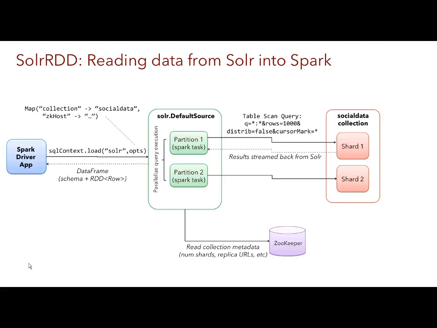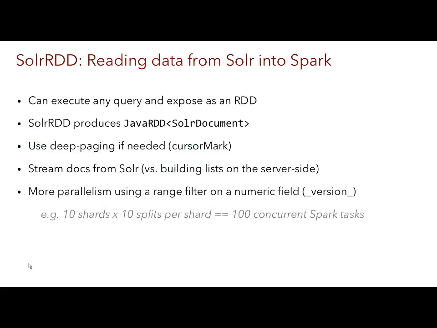So the Solr RDD allows you to specify an additional field, that last bullet point, where we can do a split and use a range filter in Solr to then do deep paging based on splits around this range filter in each shard. So if you have 10 shards and you want to do 10 splits per shard, you can get 100 concurrent Spark tasks. There's some stuff built in for that as well.